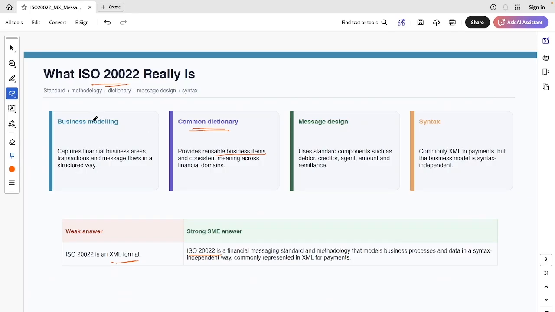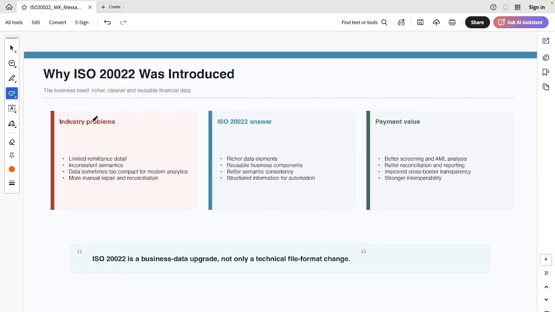Okay, now let us understand why the financial industry needed this upgrade to ISO 20022 from the MT world. Traditional payment messaging has worked well for years, but modern banking created new demands.